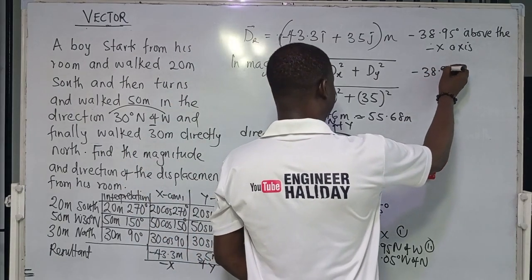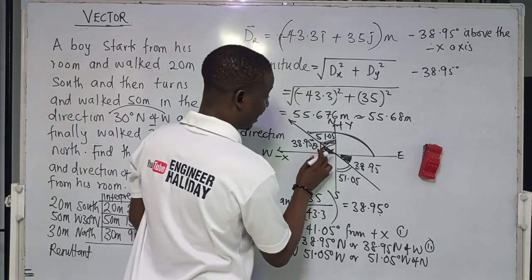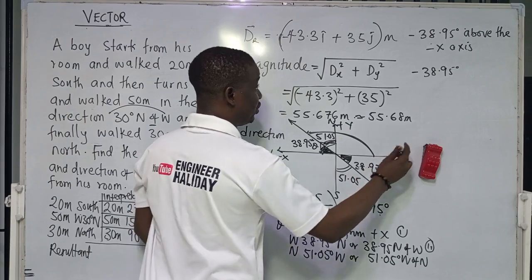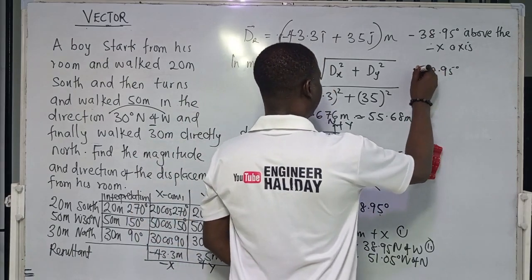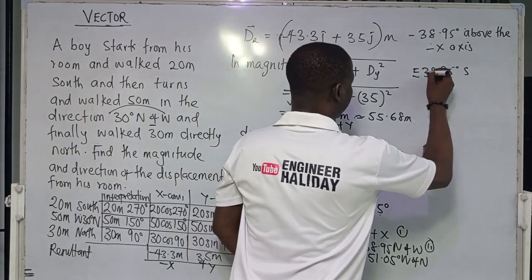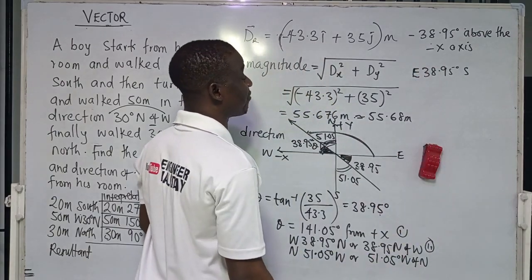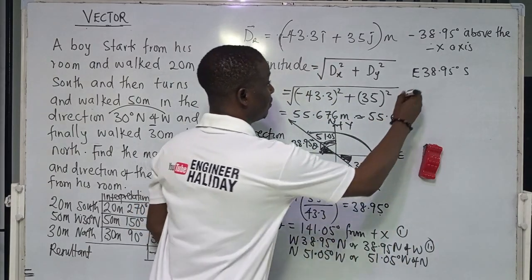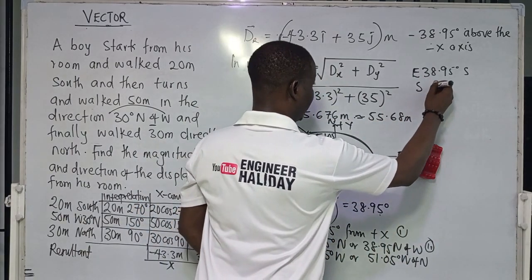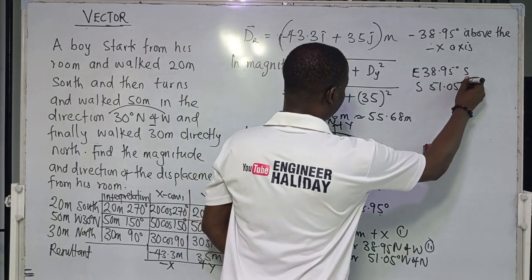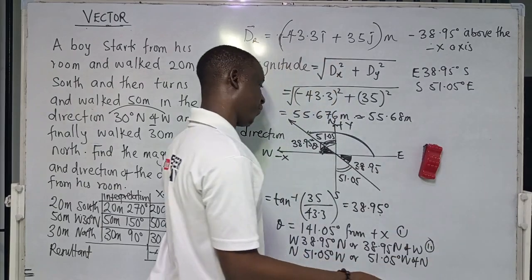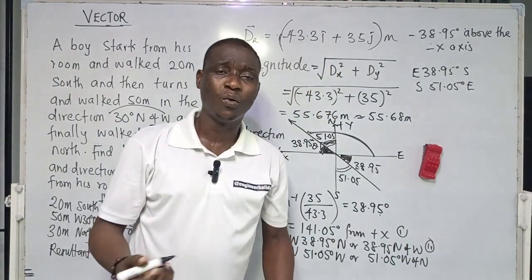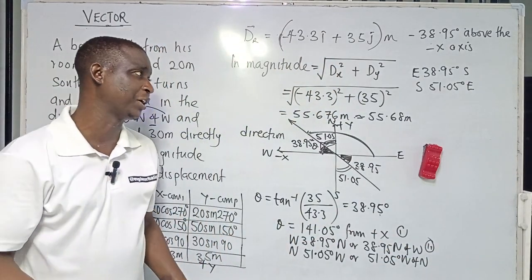You have 38.95 because this is alternate to this one, and it's resting on the east. So it becomes east, south. That is 38.95 degrees south of east. Or you write it using this one as south 51.05 degrees east. You can do that by yourself.